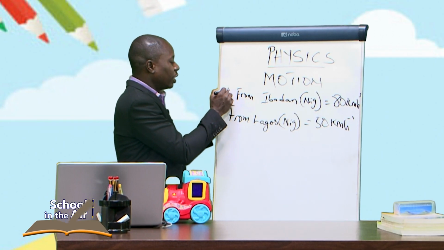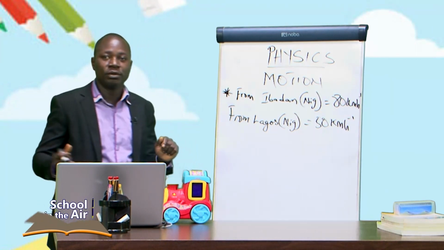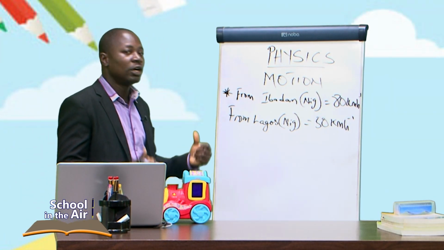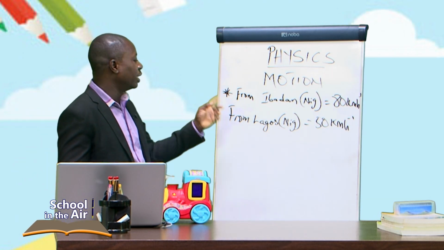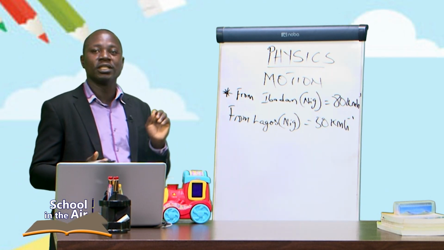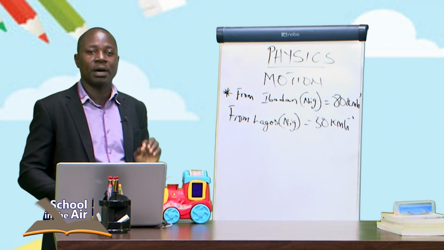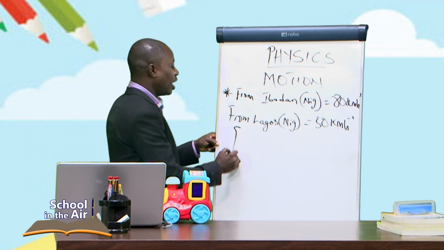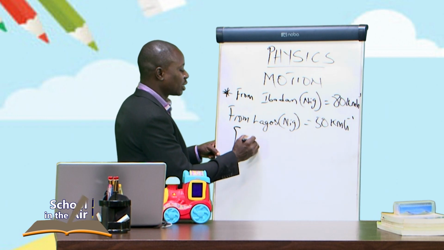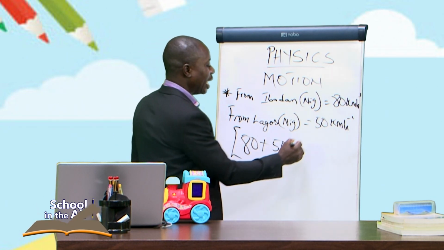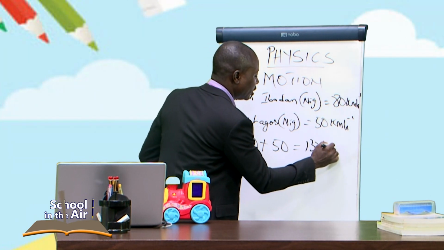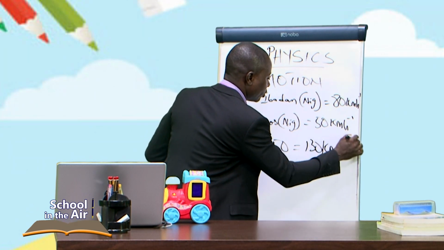This is your reference point. You are inside here from Ibadan to Lagos on a speed of 80 kilometers per hour, and your friend is inside there coming from Lagos on a speed of 50 kilometers per hour. What you will observe is the total speed of 130 kilometers per hour.